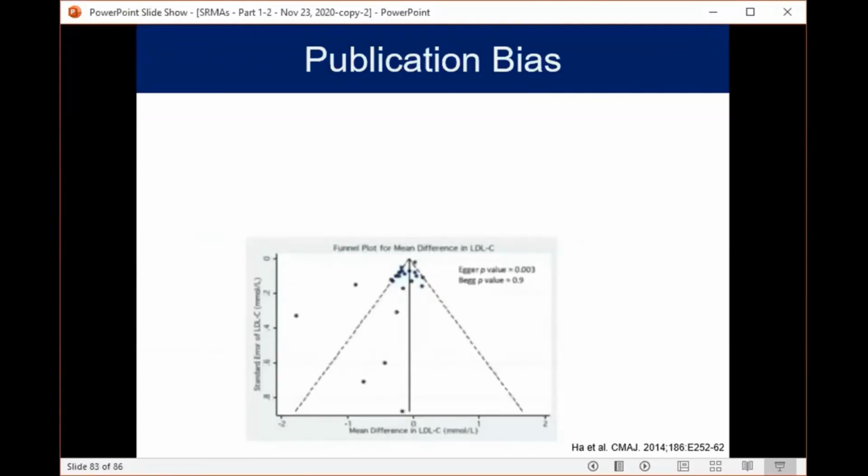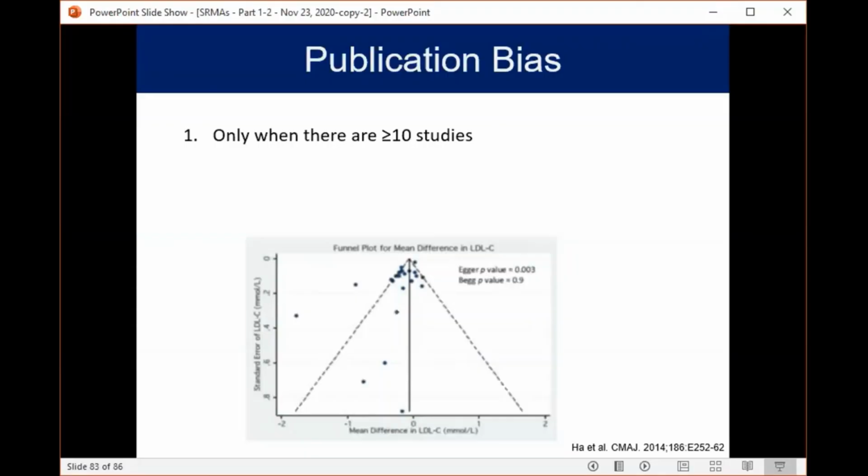To assess publication bias, you first create a funnel plot of the studies to assess for asymmetry, and this is done using the statistical software package. As a rule of thumb, tests for funnel plot asymmetry should be used only when there are at least 10 studies included in the meta-analysis, because when there are fewer studies, the power of the test is too low to distinguish chance from real asymmetry.